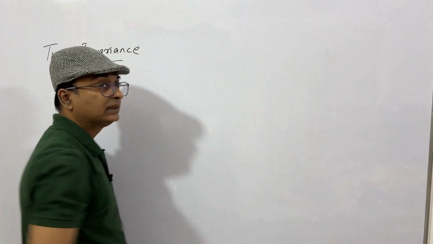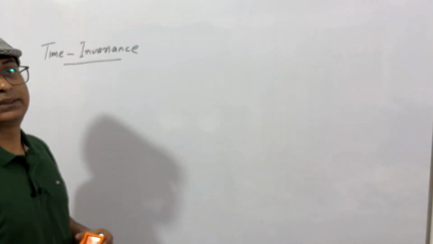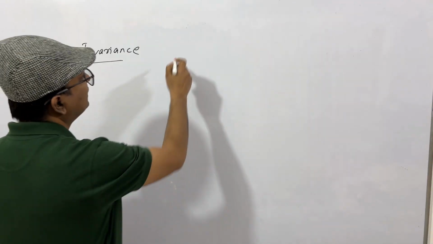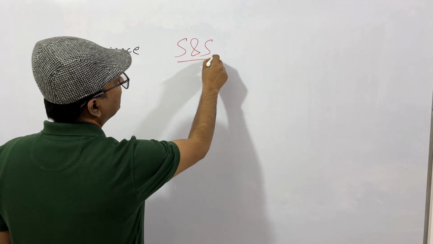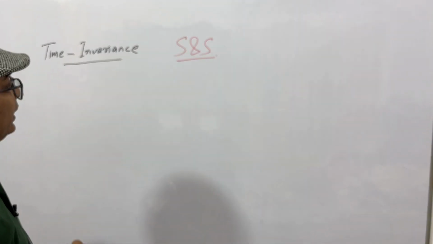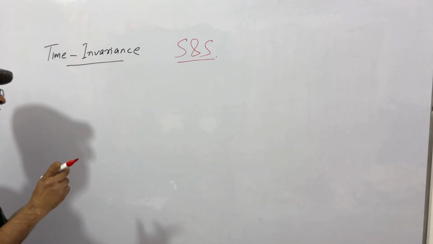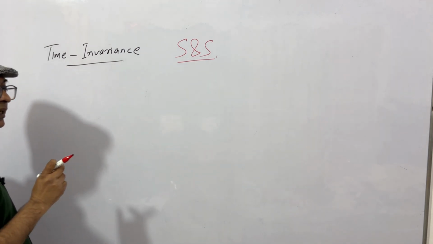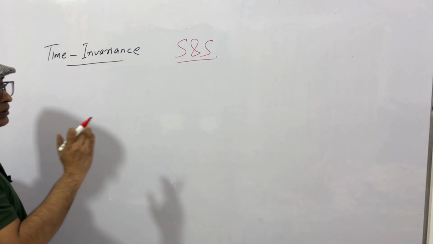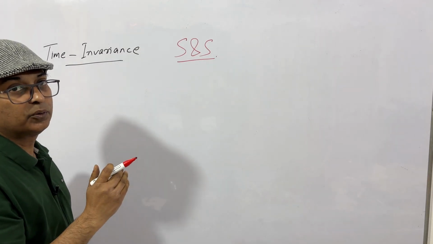But in signals and systems, we have a different definition of time invariance. It means if there is a time shift in input, that should result in the same time shift in the output.